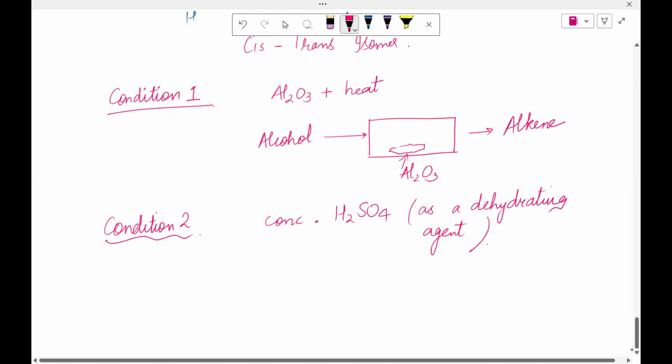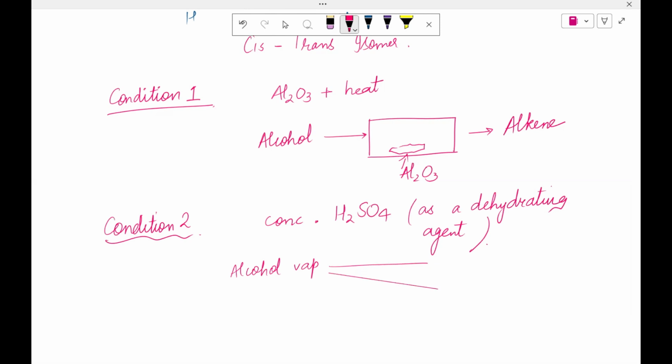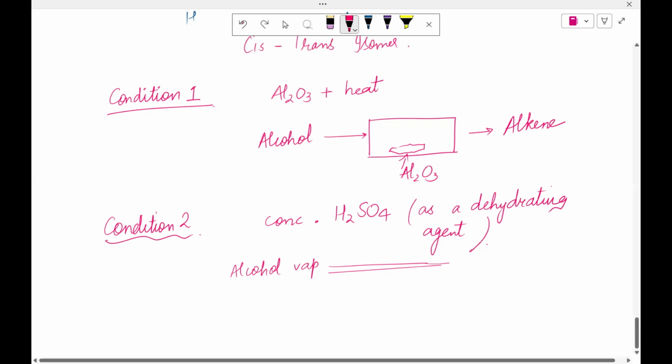What happens in this, for example, this is alcohol vapor, and when it enters from this delivery tube into this beaker, which basically contains concentrated sulfuric acid, then you can see that it is going to form alkene.